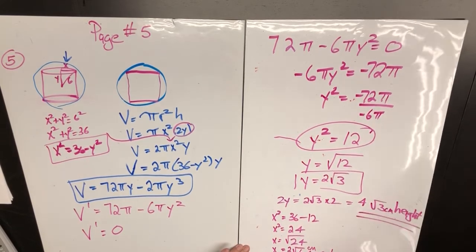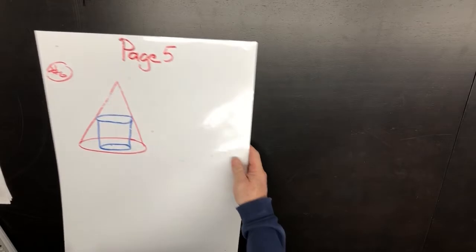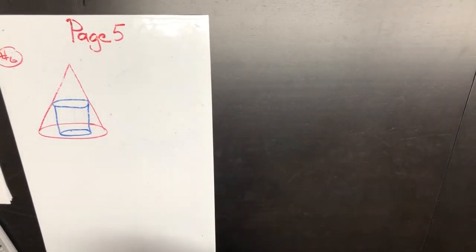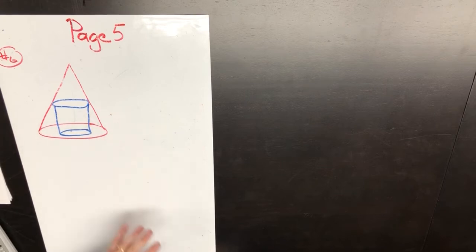The last question that I wanted to do, and I don't have enough boards to do it, but at least I can get it started, is question number 6. So here's number 6, and it's another question where it's inscribed. It says you're going to put a cylinder of greatest volume inside a right circular cone. So there's a tin can wedged inside a cone.